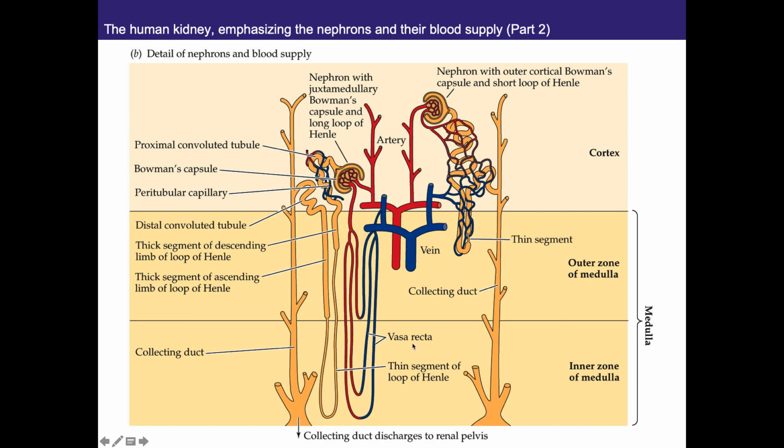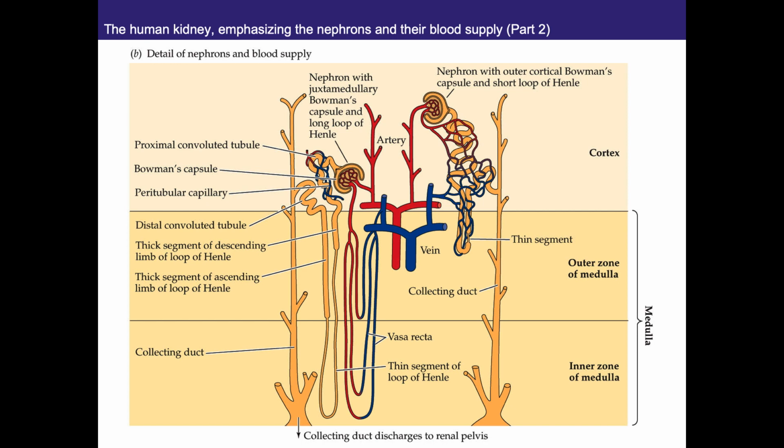Only the juxtamedullary nephron have that capability. All right? So the loops of Henle of these juxtamedullary nephrons are responsible for establishing that profound osmotic gradient. And that's what we're going to be concentrating on today. That's what my first sentence was. I just want to make sure everyone is on the same page.